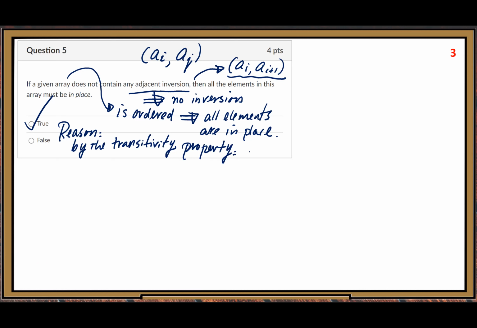What kind of transitivity property? A greater than B, B greater than C, it implies A greater than C. That transitive property.